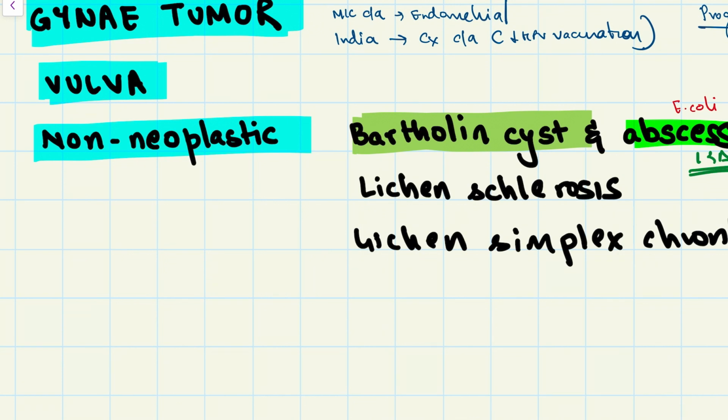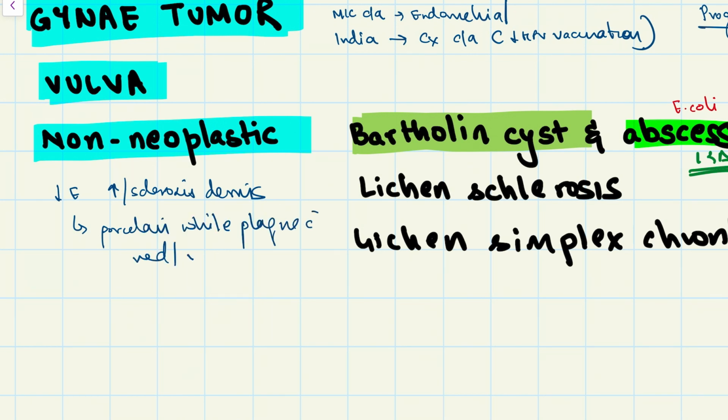So, in lichen sclerosis, what happens is that there is thinning of the epidermis with fibrosis or sclerosis of the dermis. So, it gives the appearance of a porcelain white plaque, with a red or a violet border.